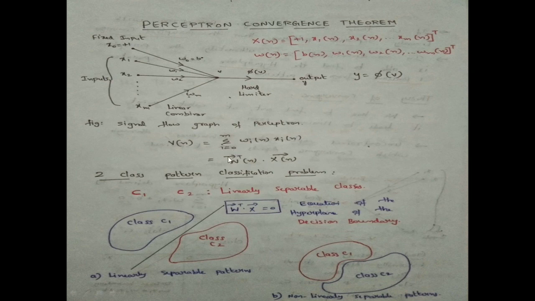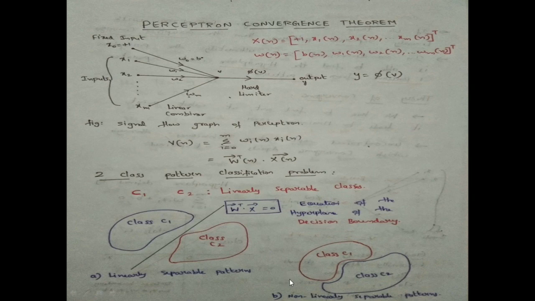So this value should be equal to 0. That is, the equation of the hyperplane of the decision boundary must be equal to 0. That is the reason we have represented this hyperplane as w transpose x equal to 0. So in this case, these two classes are linearly separable.